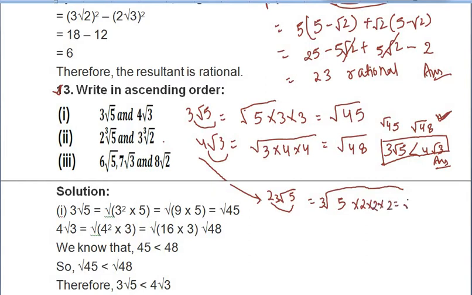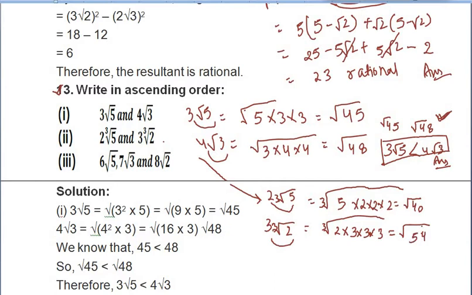So how much is it giving to me? 5 2s are 10, 2s are 20, 2s are 40. Then the next number is written 3 cube root 2. 3 cube root 2 means 2 into, when this 3 will go inside, it will be written 3 times. 3 into 3 into 3. 2 3s are 6, 3s are 18, 18 3s are 54.